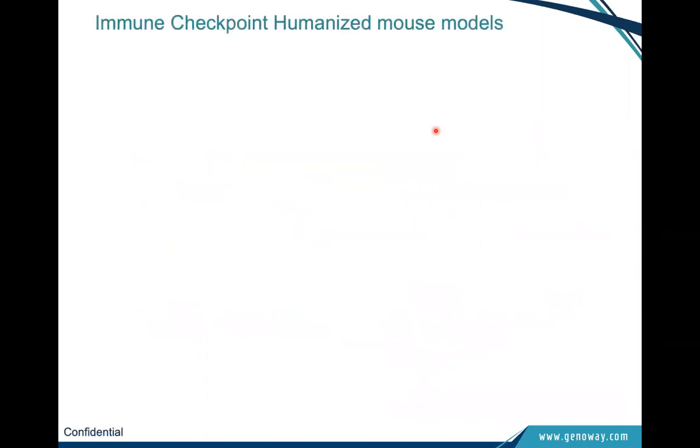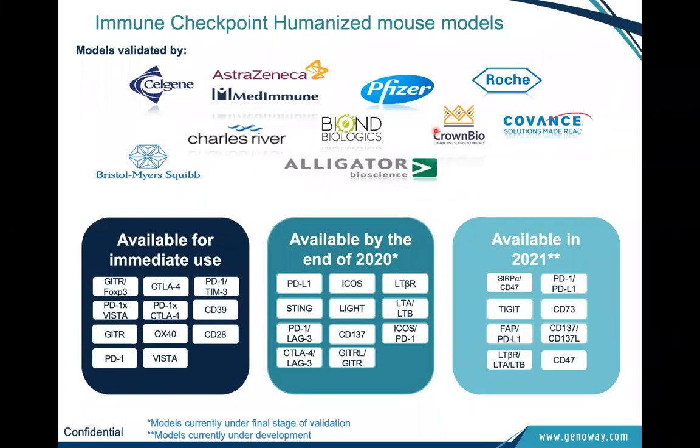As such, we decided to develop, as I said, a catalog of immune checkpoint humanized models, which are models in which the whole immune system is mouse, but a given target has been humanized. And this could be an alternative to the use of BRGSF mice if you need to have the right interaction between your stroma and your immune system.